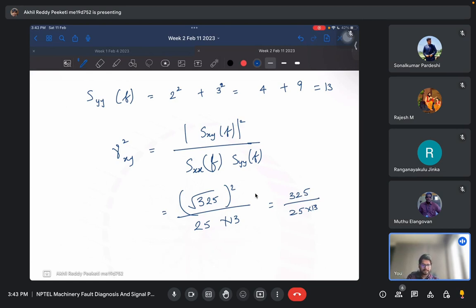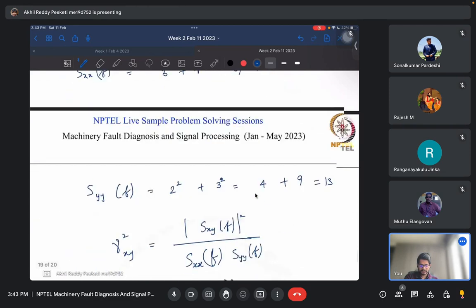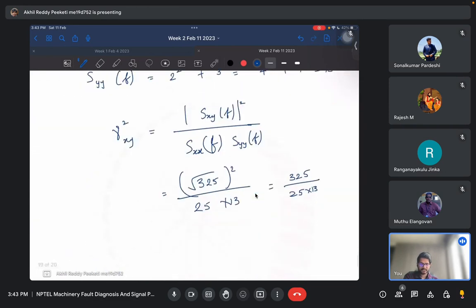So is this clear? How can you estimate the coherence function? Larger coherence tells you that these two are very closely related, and a smaller coherence value tells you that they are not related at all.